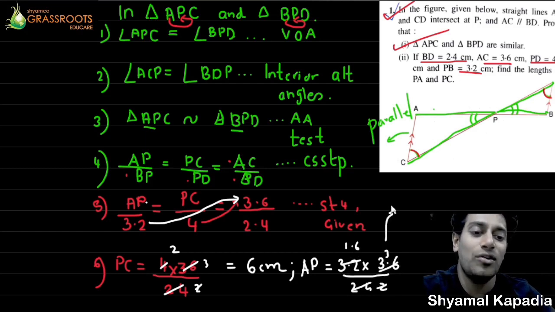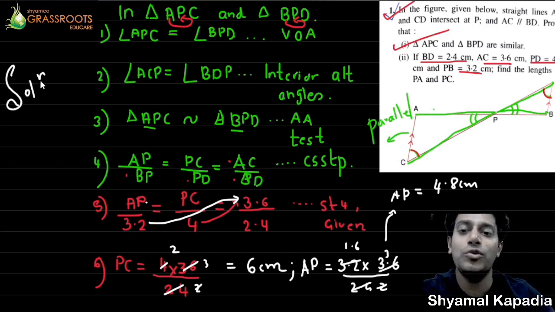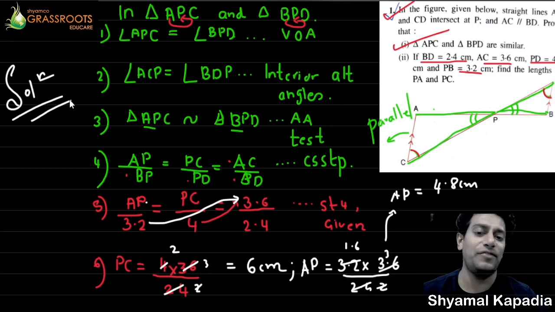So the answer of AP comes out to be 1.6 into 3, 4.8 centimeters. That's it. So this is the end of the first sum. So all you have to do, guys, is just prove the two triangles similar, write katha, substitute, finish.